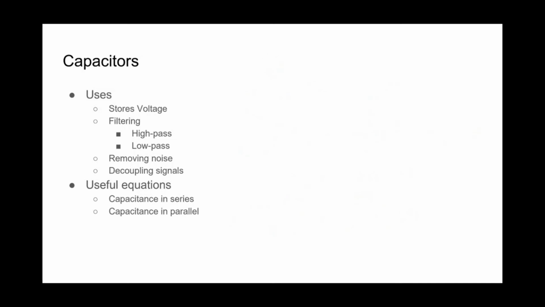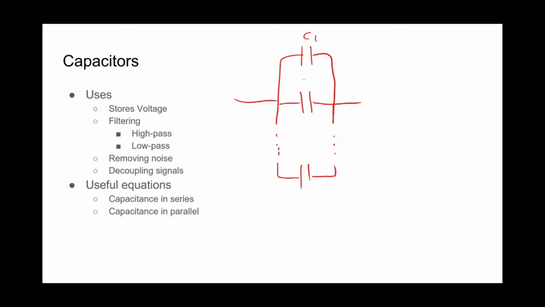Now for capacitance in parallel, the nice thing about this is, remember how we talked about those two plates? Those two plates are just now giant plates. So we have C1, C2, C sub n. So C total in this case equals C1 plus C2 plus ... plus C sub n.